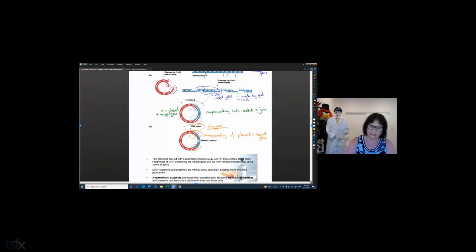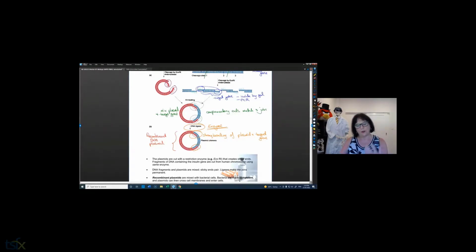What we have created here, this is called a recombinant DNA plasmid. This is recombinant technology, creating a recombined plasmid with target gene.